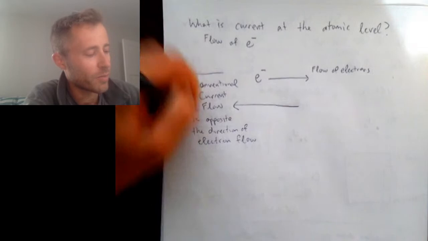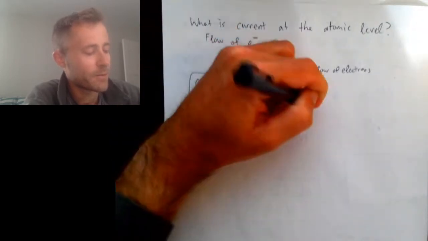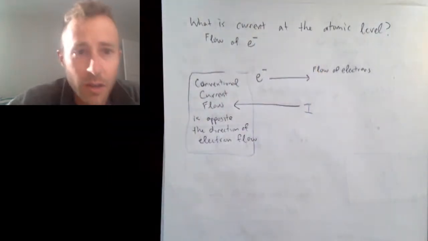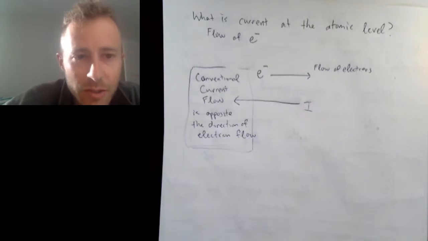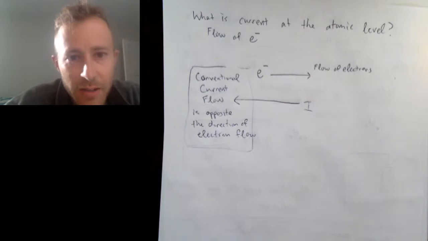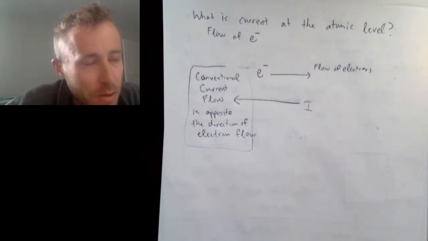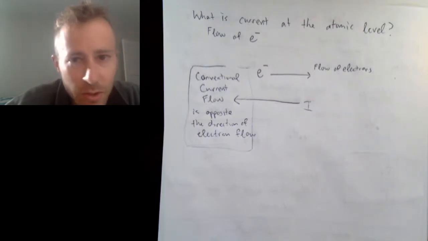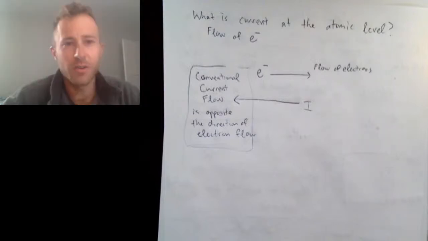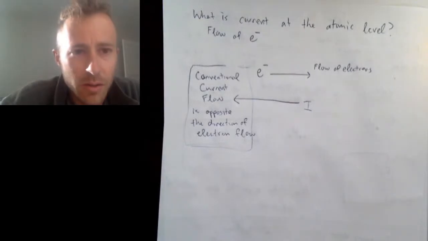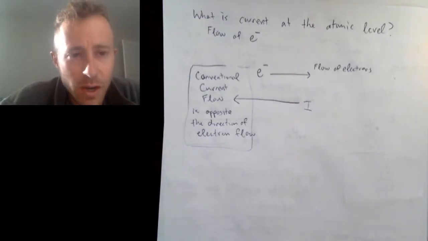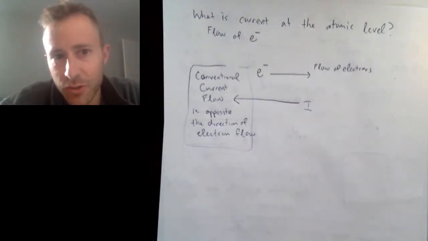Okay, so that's an important point. So the current is going the opposite direction. Why is that? Because it was an accident. All right. We had defined electric current before we even knew what an electron was. Okay. So the term electricity was defined before electron.